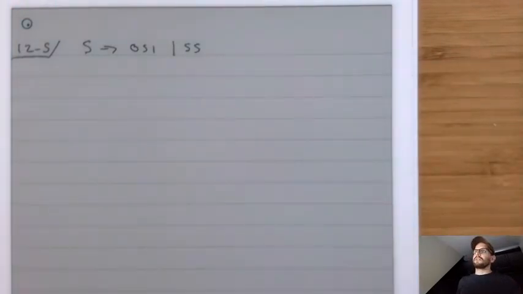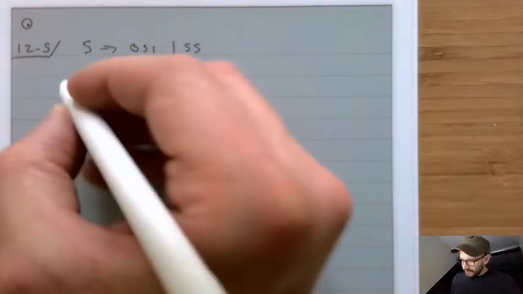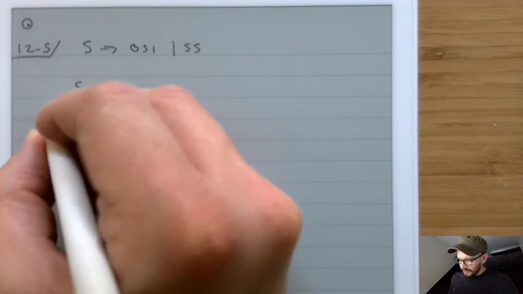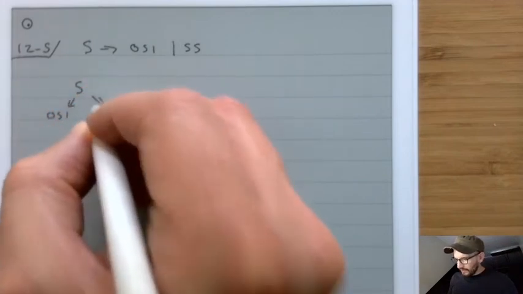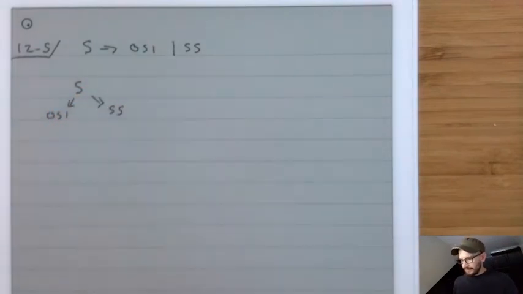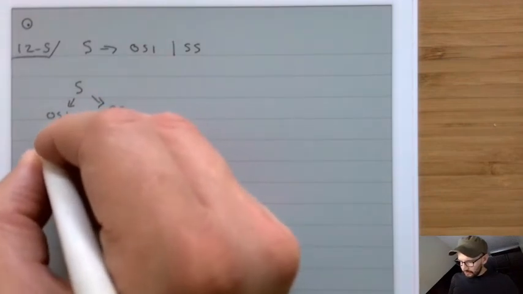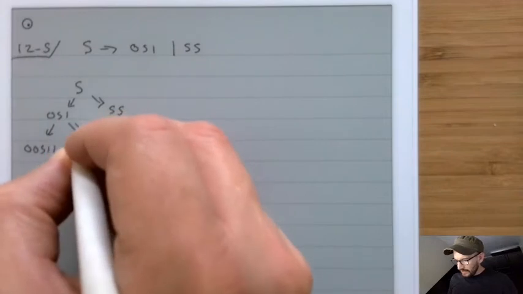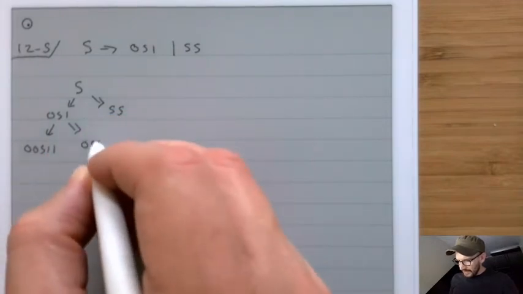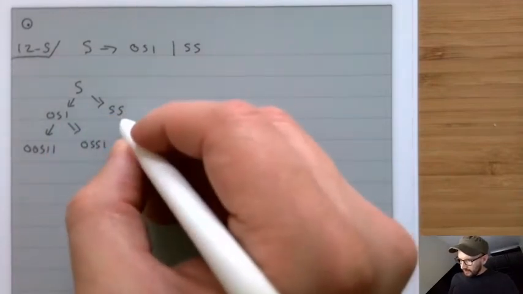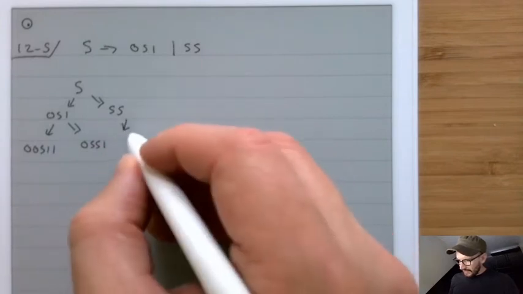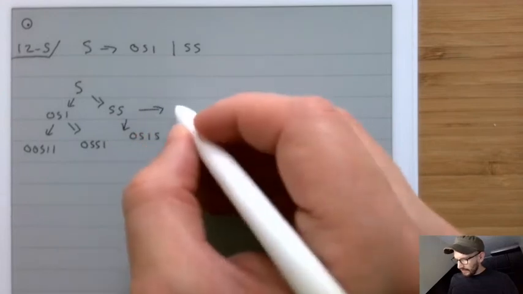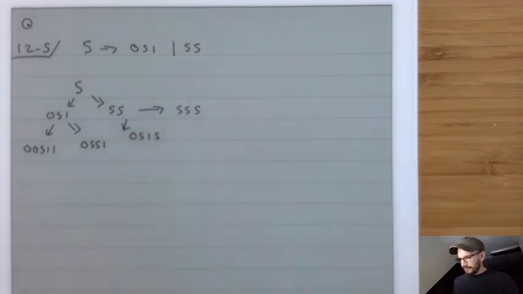So now what does the tree of this look like? Well, we start with S, and then we can follow the first rule and get 0S1, or we can follow the second rule and get SS. Then we can follow the first rule here and get 00S11, or the second rule and get 0S1S. Here we can follow the first rule and get 0S1S, or the second rule and get SSS.